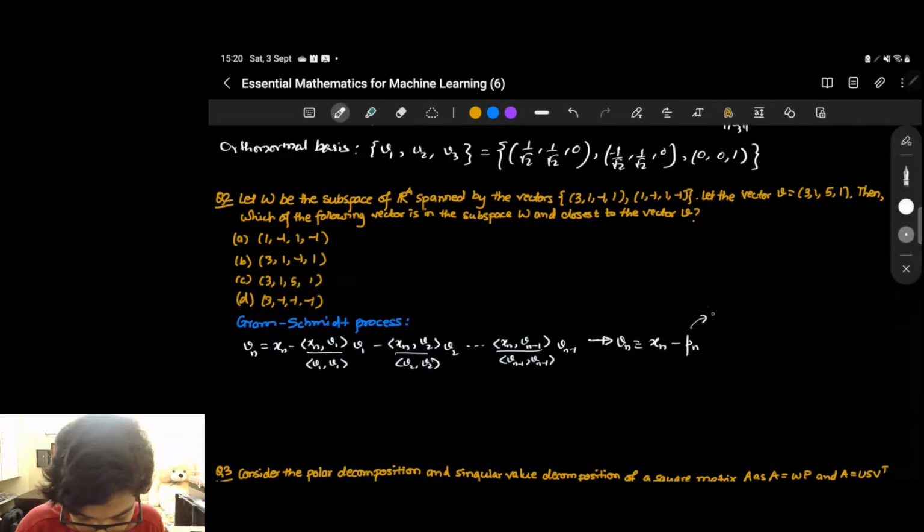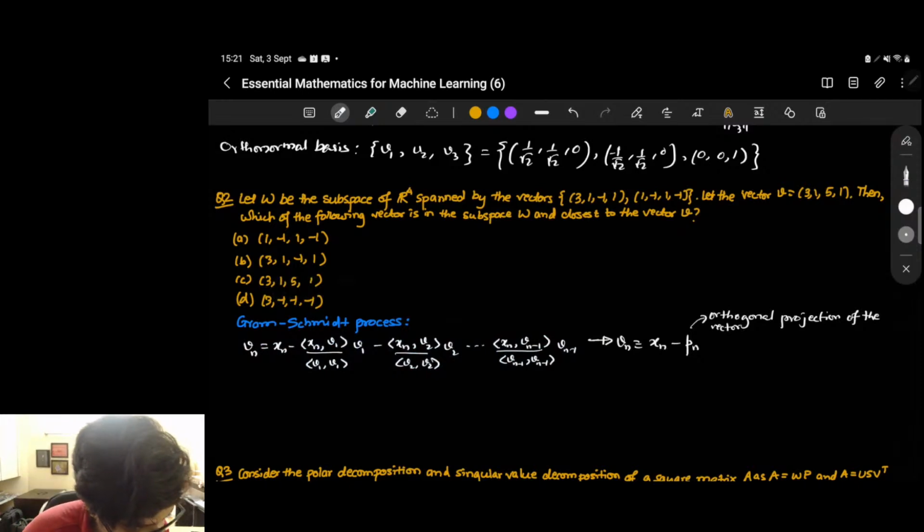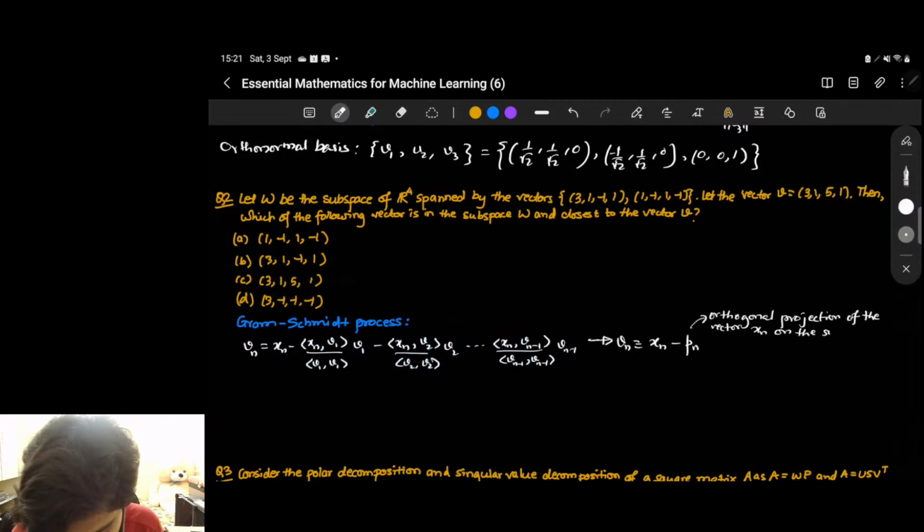where this Pn is the orthogonal projection of the vector xn on the subspace spanned by x1, x2 up until xn minus 1.